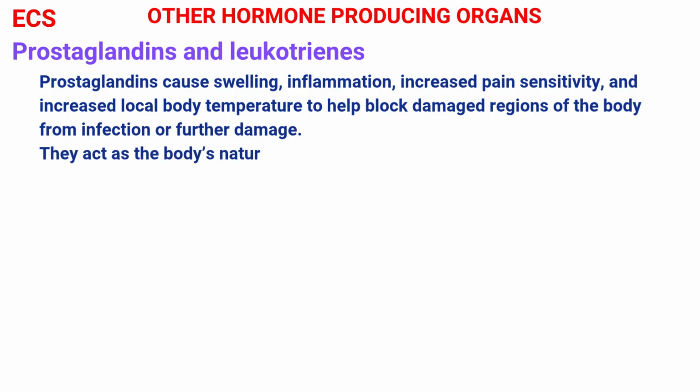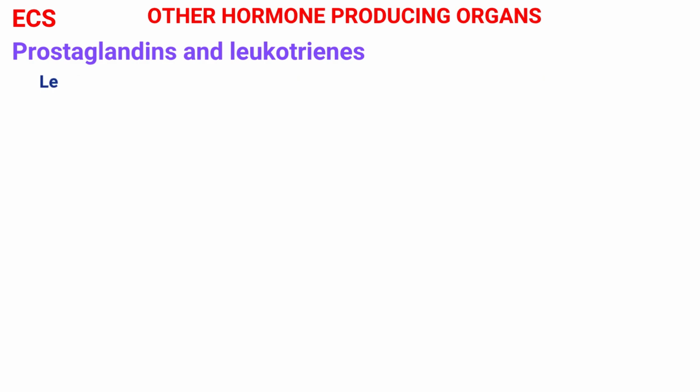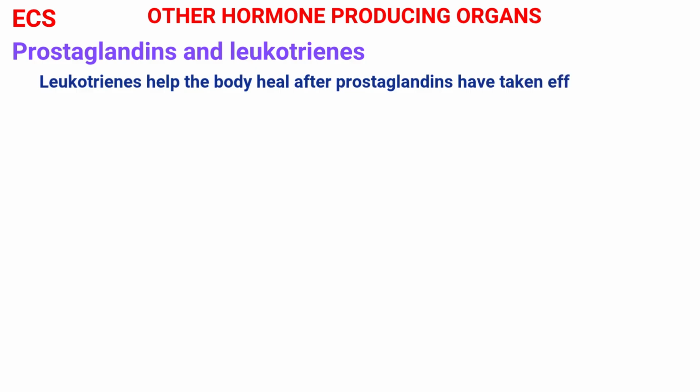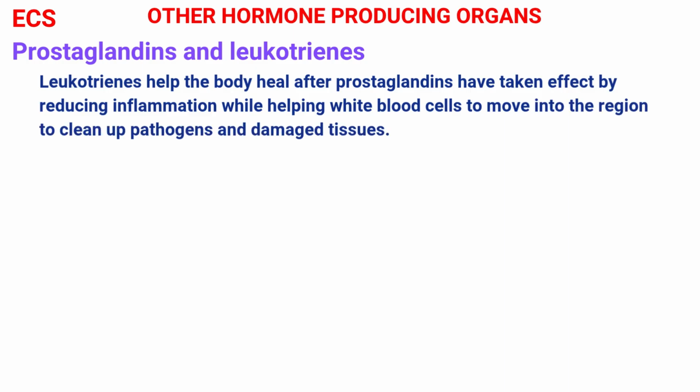They act as the body's natural bandages to keep pathogens out and swell around damaged joints like a natural cast to limit movement. Leukotrienes help the body heal after prostaglandins have taken effect by reducing inflammation while helping white blood cells to move into the region to clean up pathogens and damaged tissues.